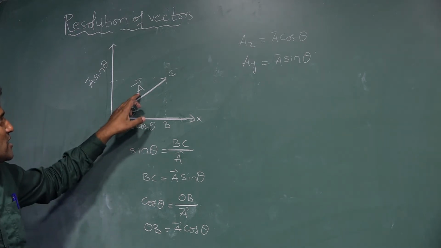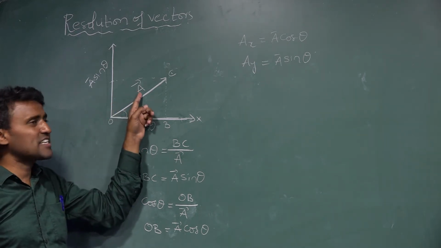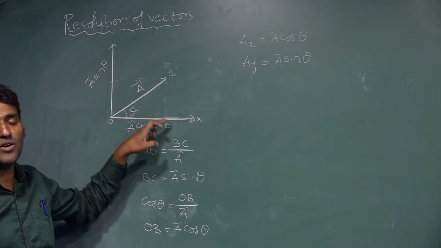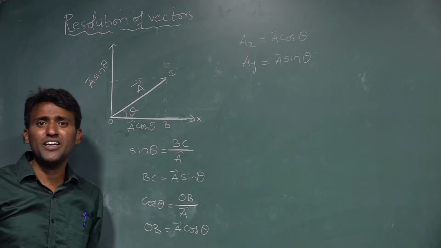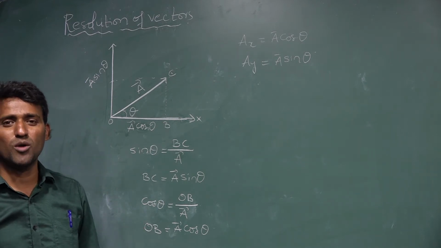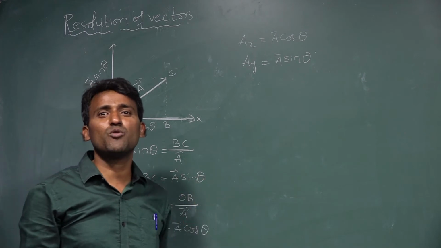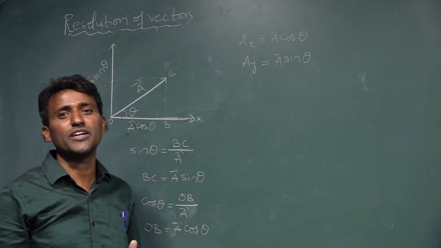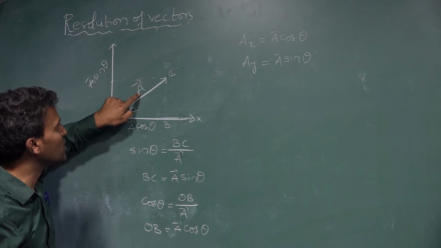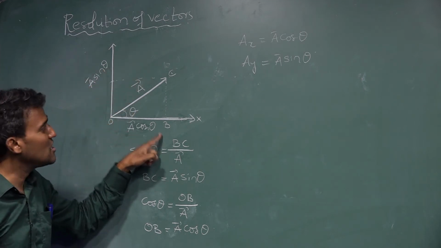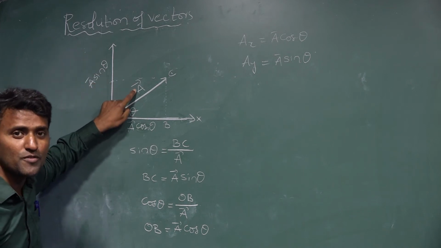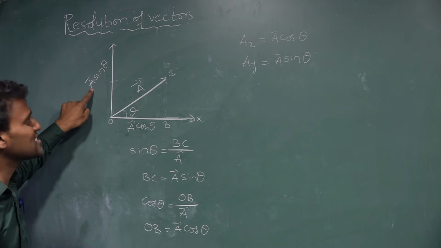So when a vector is making an angle with either the y-axis or the x-axis, whatever it may be, it can be resolved into two components: one horizontal, one vertical. The horizontal component of the A vector is A cos theta. The vertical component of the A vector is A sin theta.